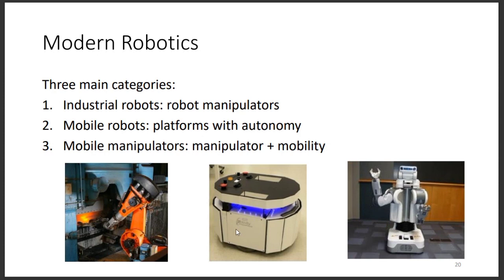If we are using a robot for cleaning, we can use a vacuum cleaner. Service robots are also mobile robot platforms with autonomy. Third, mobile manipulators, which are manipulators plus mobility. They can move and also work like an industrial arm.